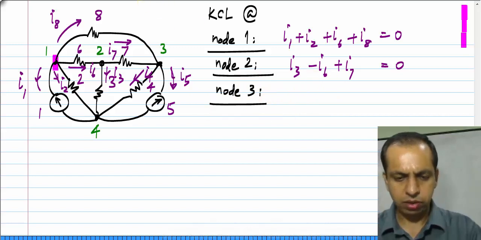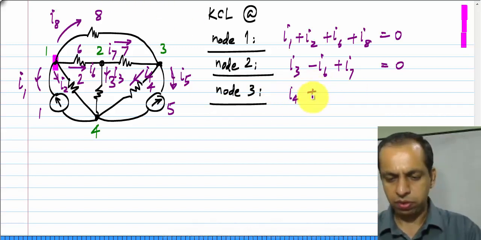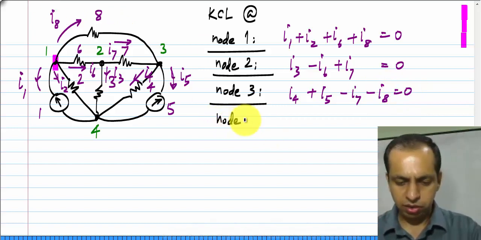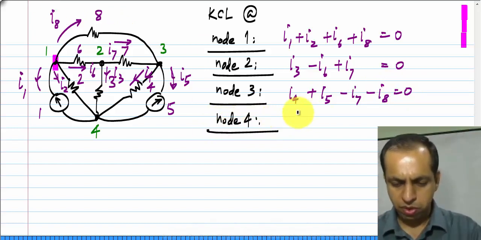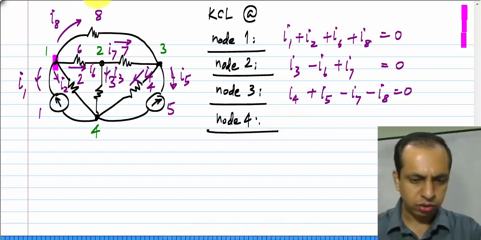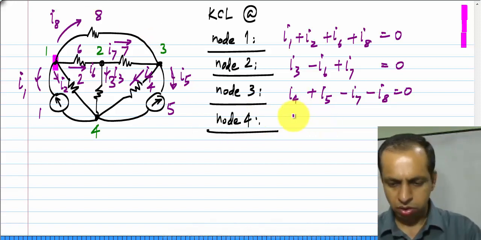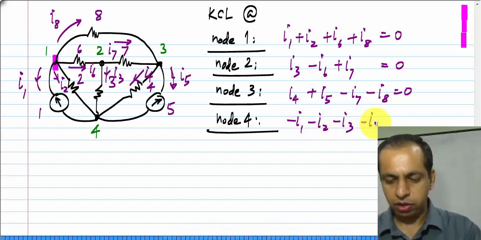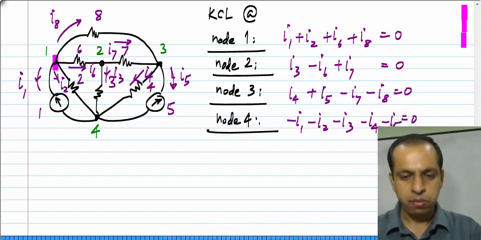Node 3, I 4 plus I 5 minus I 7 minus I 8 to be 0, and finally, at node 4, we will take the sum of currents leaving the node, which is minus I 1, minus I 2, minus I 3, minus I 4, minus I 5 to be 0.